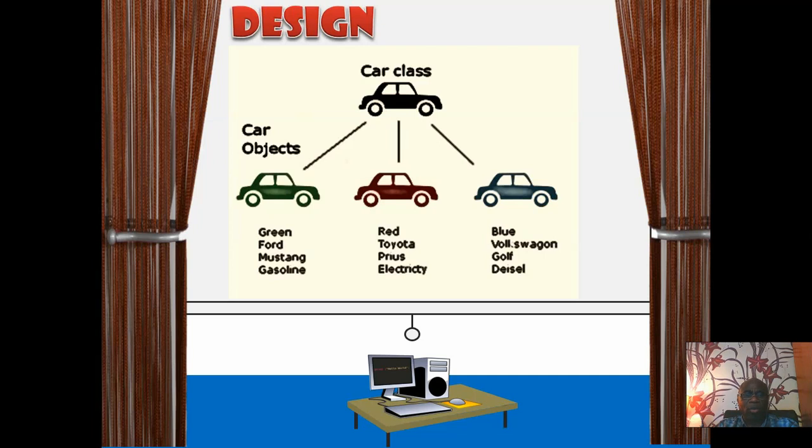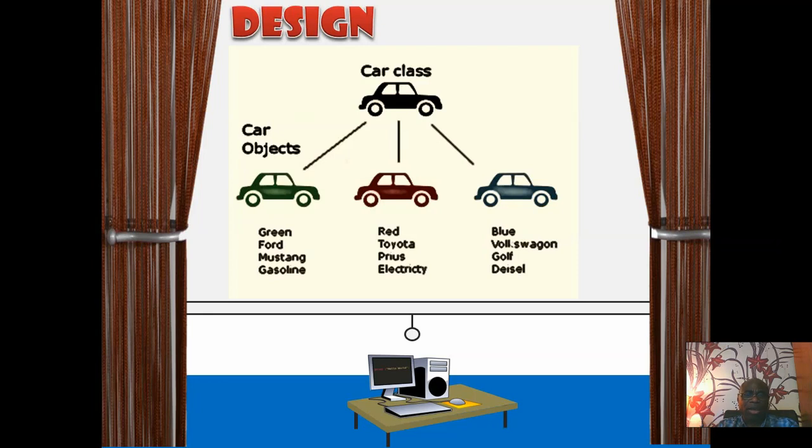So when you mention the word object in object-oriented programming, you are simply referring to an instance of a class. An instance of a class basically refers to the sample, the specimen, of that class.